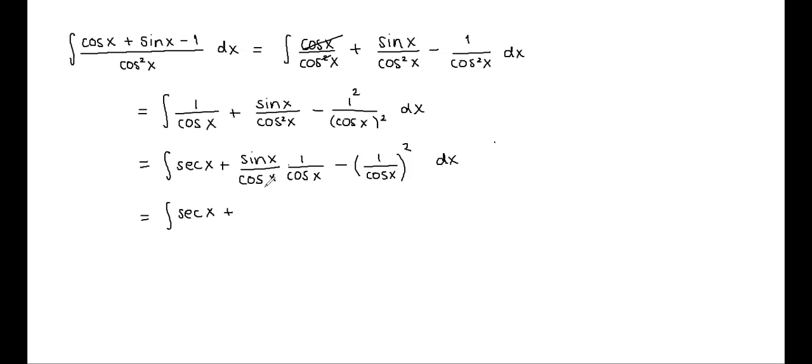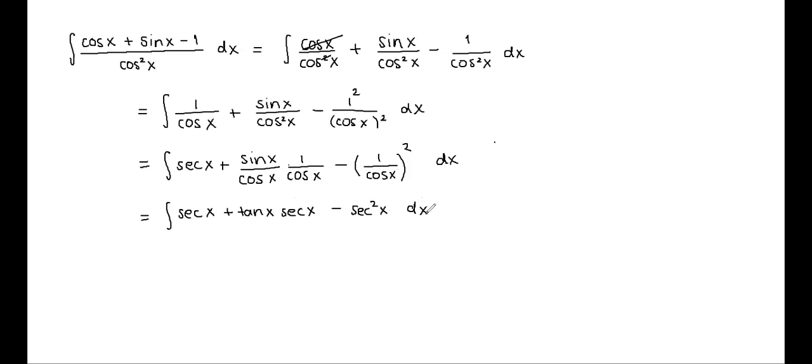Tangent. Yes, tangent of x. And then 1 over cosine is, again, secant of x. And in the last term, I have 1 over cosine is secant of x. And then you have that whole thing squared. So that means this is going to be secant squared of x with respect to x.